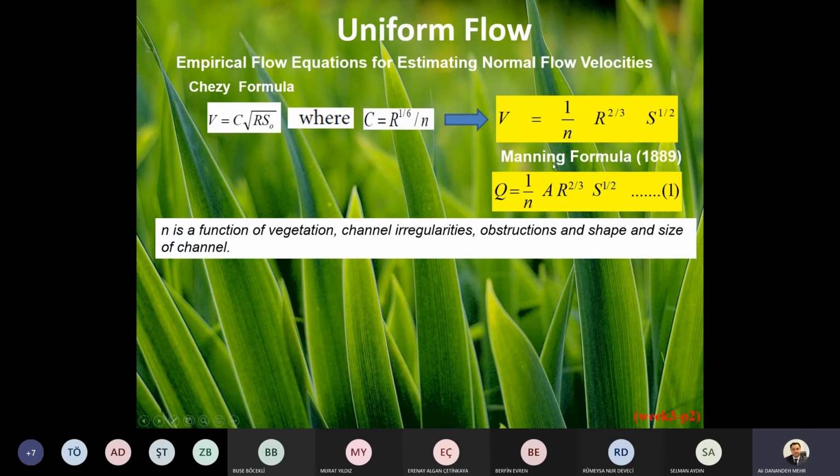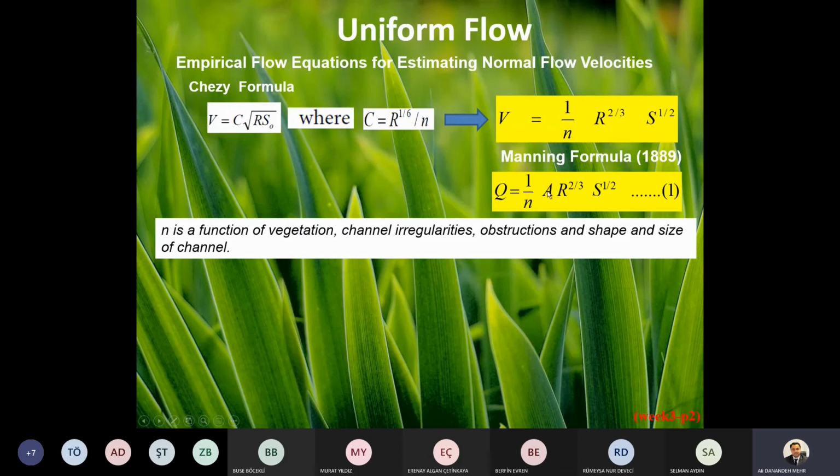This is called Manning formula, and we can use it to calculate velocity, or let's say average velocity, in uniform flow condition. This is more popular than Chezy formula because we are more comfortable with the estimation of n in practice.